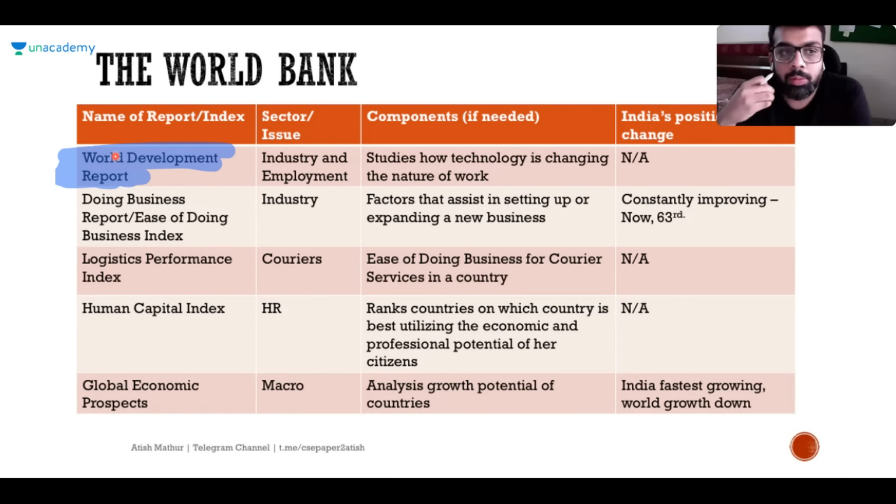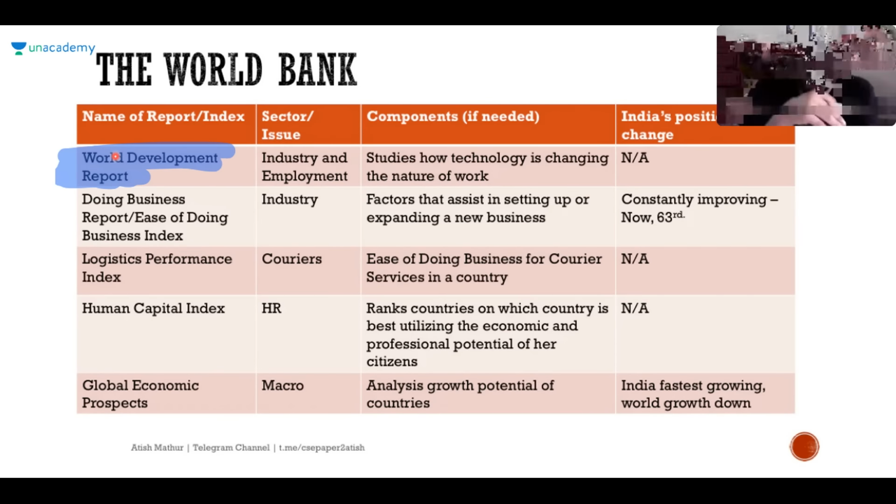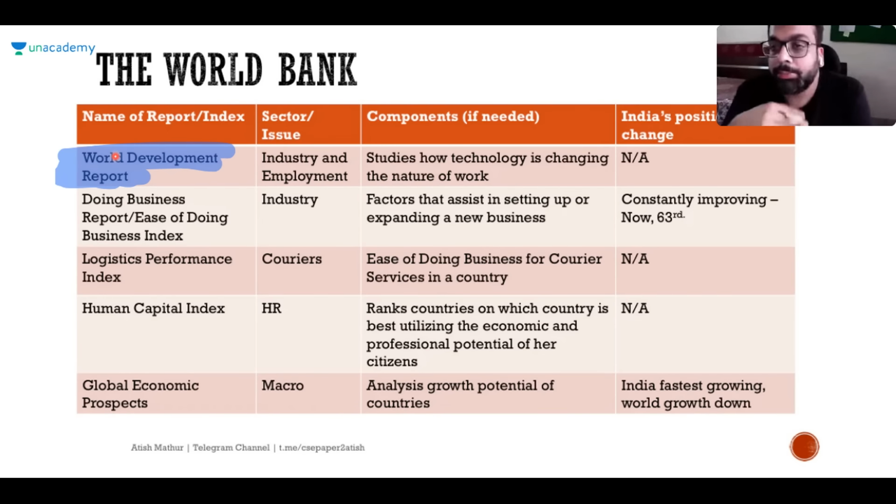What the World Development Report does, in a very simple line, is try to understand what impact technology is having on the nature of work. Is automation killing employment? Are wage rates getting affected? How can technology be used to make work conditions better? How can technology ensure there are advancements in the nature of someone's work?